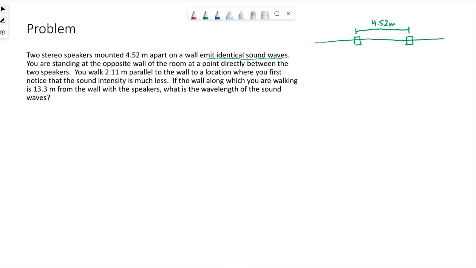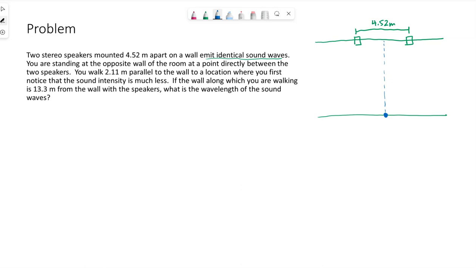We are standing on the opposite wall, and it tells us at a point directly between the two speakers. So I'm going to come directly between the two speakers. This is where we're starting. We're on the opposite wall in the middle. We're going to walk 2.11 meters parallel to the wall. So whether I go left or right doesn't really matter.